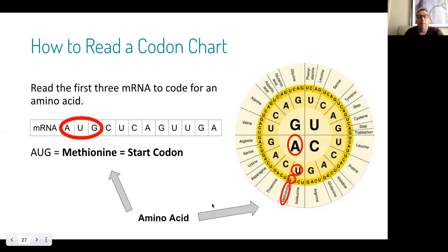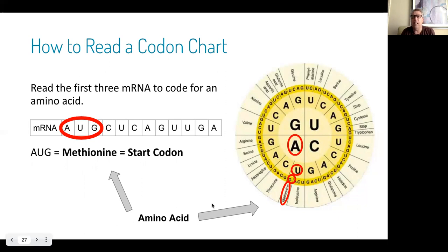Now, we'll talk about this a little bit later, but every protein needs to start, like if I'm going to make a protein, the sequence of amino acids has to start with methionine. That tells the cell, or the polymerase actually, the one that's building it, this is my starting point. If you don't see this AUG, don't start building the protein yet.